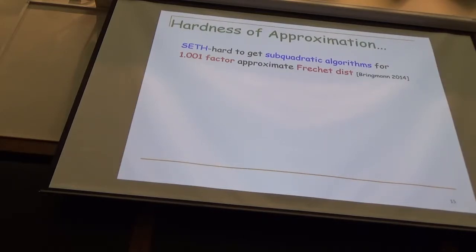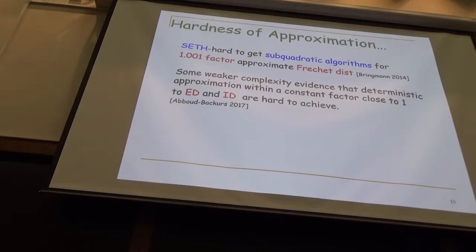It's SETH hard to get subquadratic algorithms if you wanted to approximate Frechet distance within a 1 plus small factor. And there's some weaker complexity evidence that deterministic approximation within a constant factor close to 1 for edit distance or insertion-deletion distance is hard to achieve. That's not SETH hardness, but it's some complexity theoretic evidence.